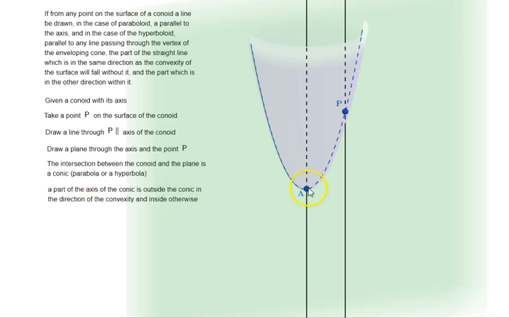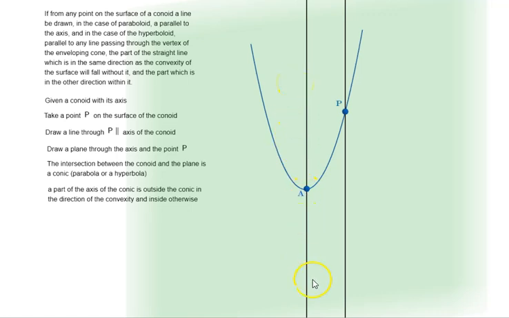Part of the axis of the conic is outside the conic. So now we are not looking at the paraboloid itself, we are just focusing on this conic. A part of this axis is outside the conic and a part of it is inside.